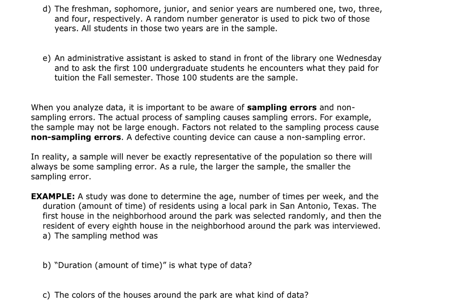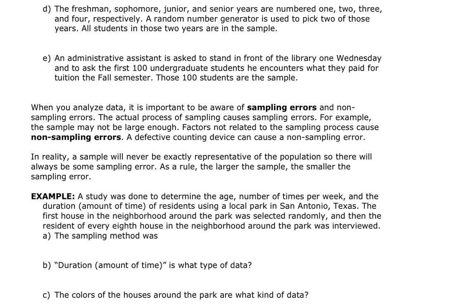When you are organizing your data, you have to be aware of the sampling errors and the non-sampling errors. For example, a sample may not be large enough. If you have a population of, say, 10,000 and you only choose 20 people, you probably are not going to get a good representation of the population with that sample.